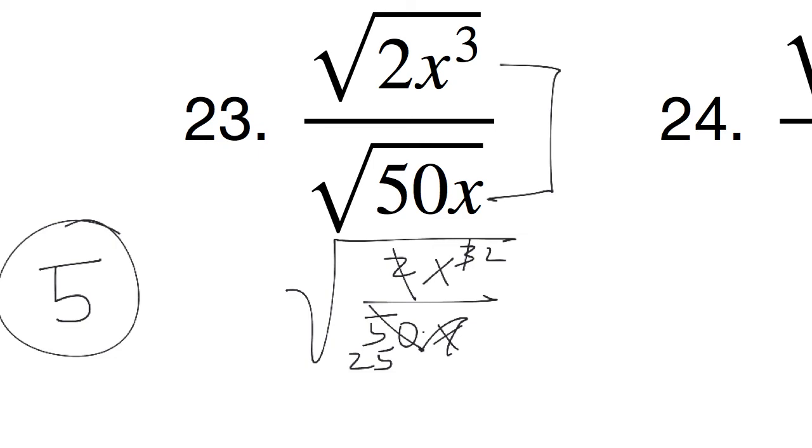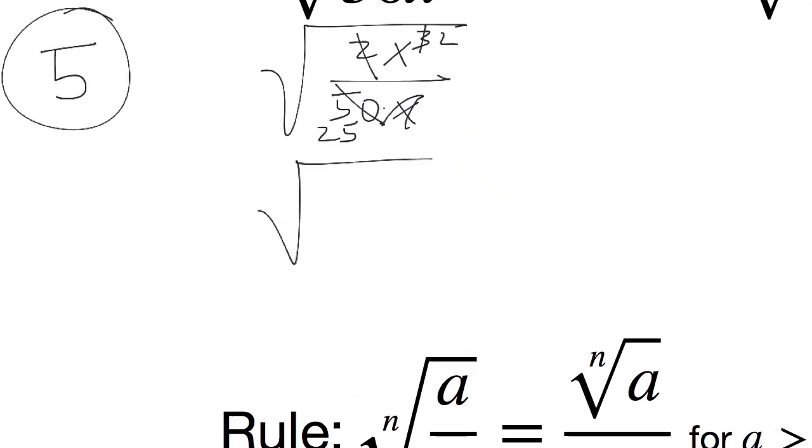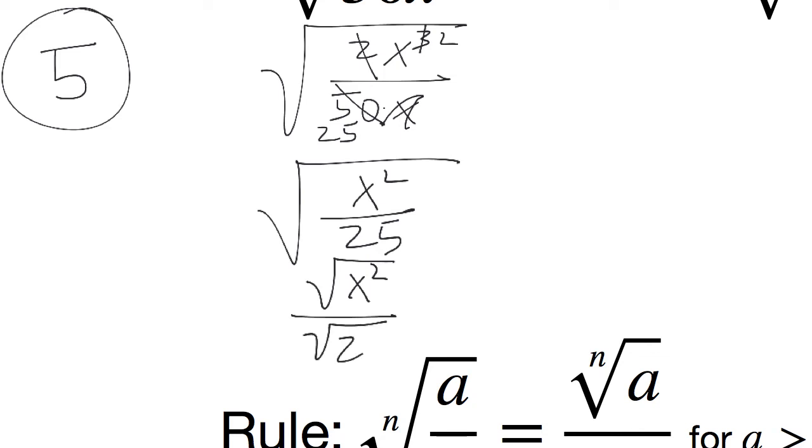So the resulting fraction inside 1 square root is going to be x squared over 25. Now when I split them apart, I get square root of x squared over square root of 25. Well, that's just going to be the absolute value of x over 5.